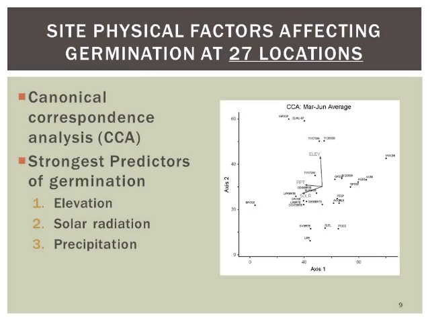The thing to look at in this ordination, this is a canonical correspondence analysis, is that the length of the arrow indicates the level of influence that the characteristic has. So elevation, solar radiation, and precipitation were the strongest influences we had through March through June at 27 of the locations in our network. That included not just the woodland locations, but sagebrush and crested wheatgrass sites as well.